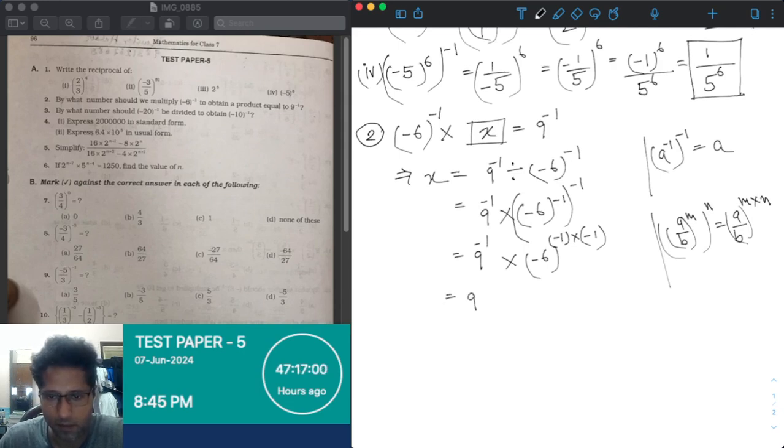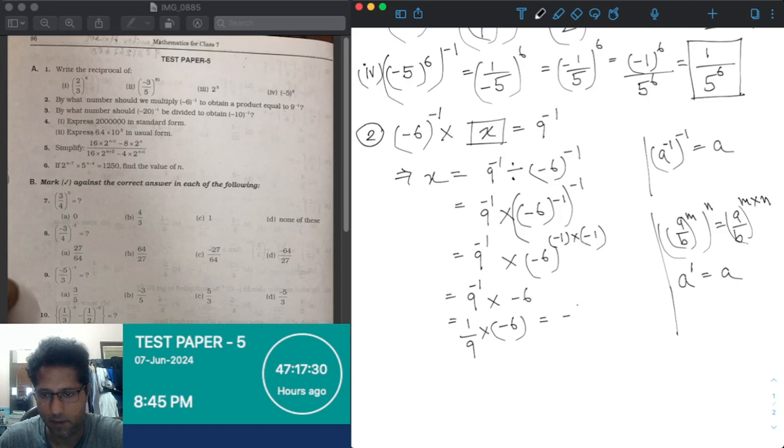Okay, so this is now 9 to the power minus 1 multiplied by minus 6, because minus 1 into minus 1 is 1. So minus 6 to the power 1 means minus 6, because any number to the power 1 is always that number. So now the reciprocal of 9 is 1 by 9 multiplied by minus 6.